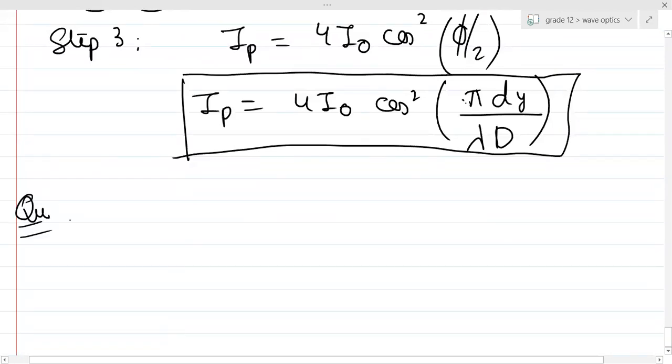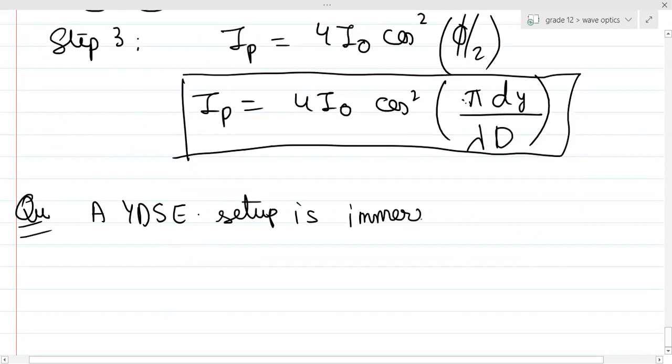First question, guys. A YDSE setup is immersed in water of refractive index 4/3.